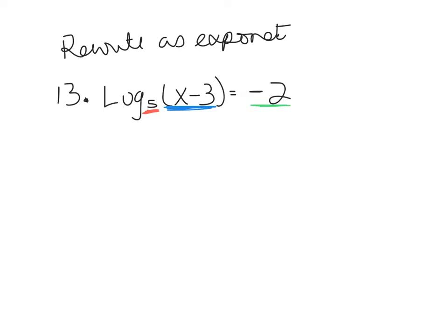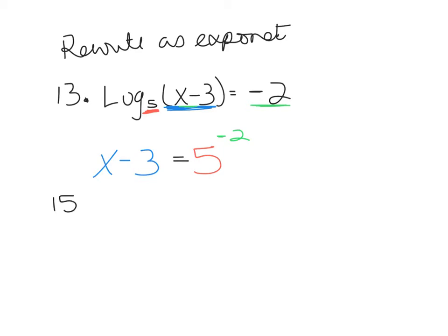I'm trying to keep the colors the same as the last slide. So we say x minus 3 equals 5 to the negative 2 power. And then, of course, we could solve for x in this case, but we're just asked to rewrite it, so we don't need to do that.